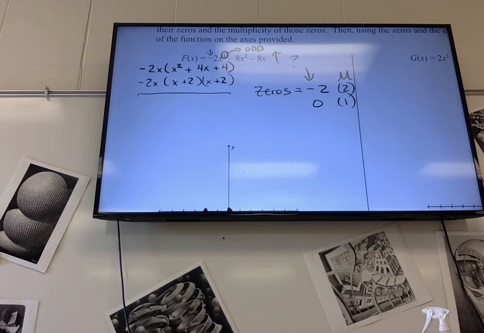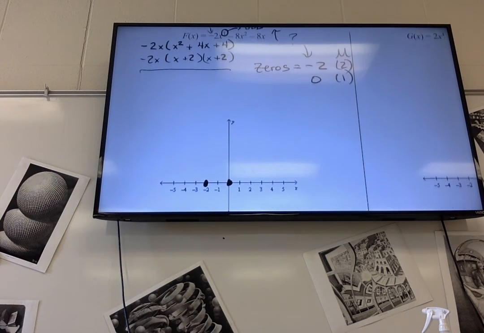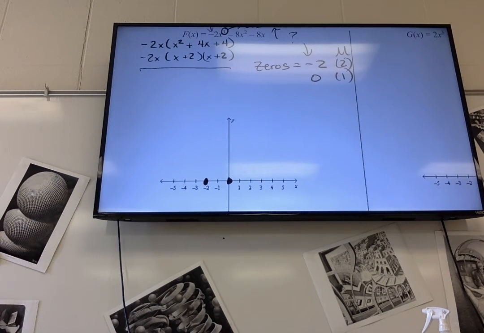I know that it's supposed to point up over here. And I know that at -2, the multiplicity is 2, so it's just going to be tangent to it and come back up. Now, how high up, I don't know. But I do know it's going to come back down and go through that 0.